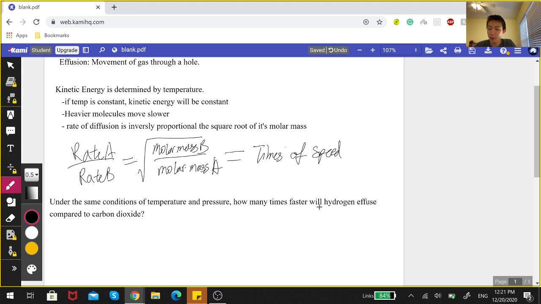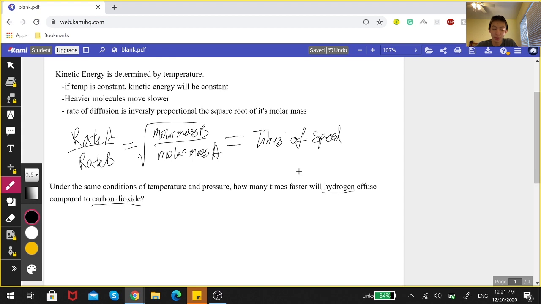So how many times faster will hydrogen diffuse compared to carbon dioxide? Hydrogen is the lightest thing you can see, so hydrogen will travel a lot faster than carbon dioxide. So we know our number has to be greater than 1, which means the bigger number has to go on the top.